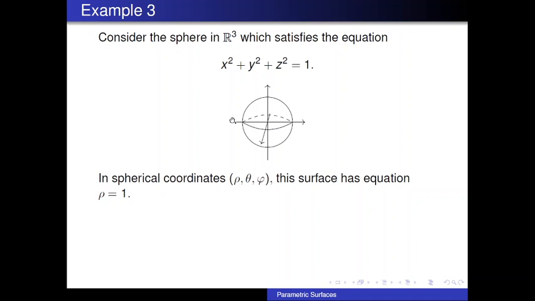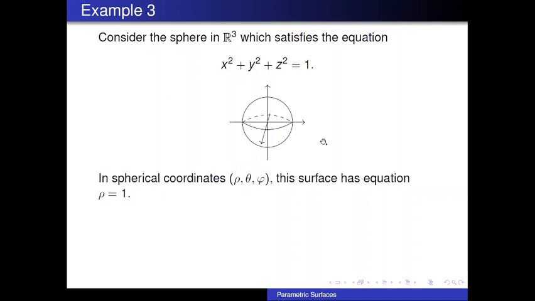Then theta and phi are free to vary: theta varies from 0 to 2 pi, and phi varies from 0 to pi. So now that theta and phi are the free variables left to roam around this sphere, we can use those to parameterize this sphere as a two-dimensional object, really, because rho equals 1.